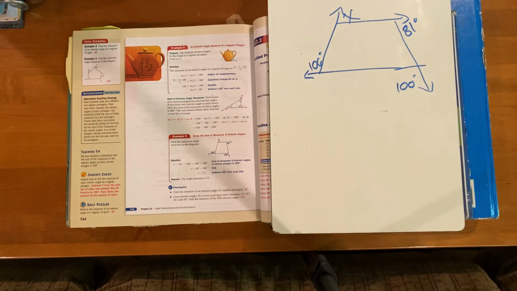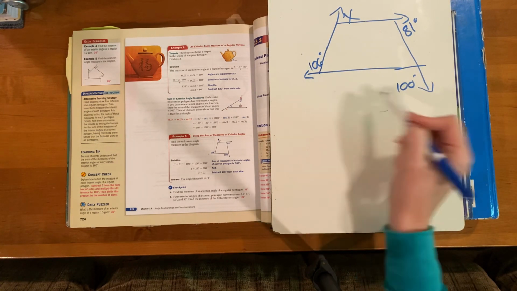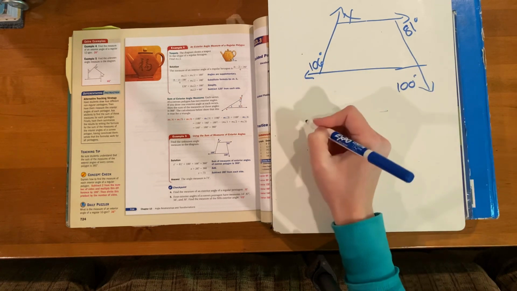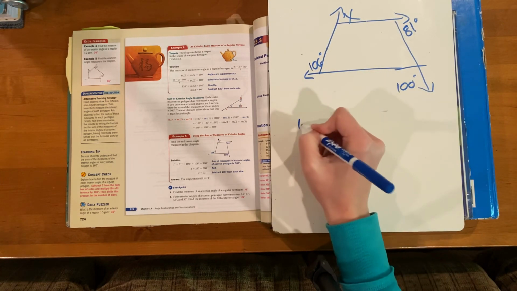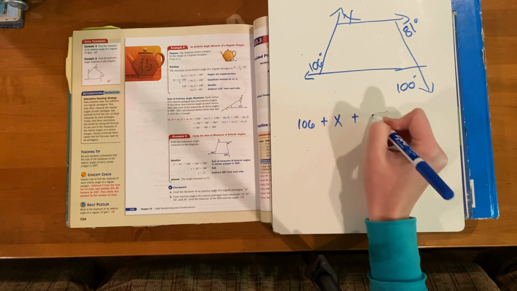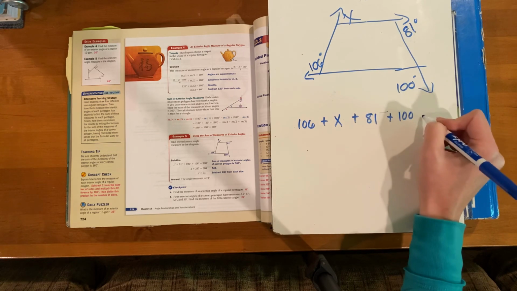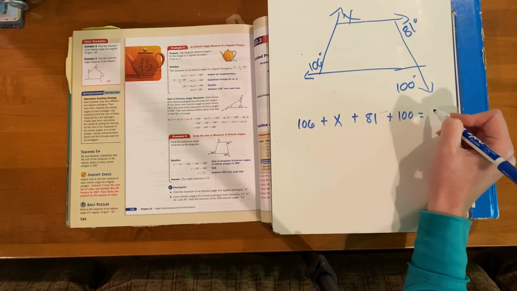You're solving for X. Well, if you know the sum of all external angles is equal to 360, then you just add them together. 106 plus x plus 81 plus 100 is equal to 360.